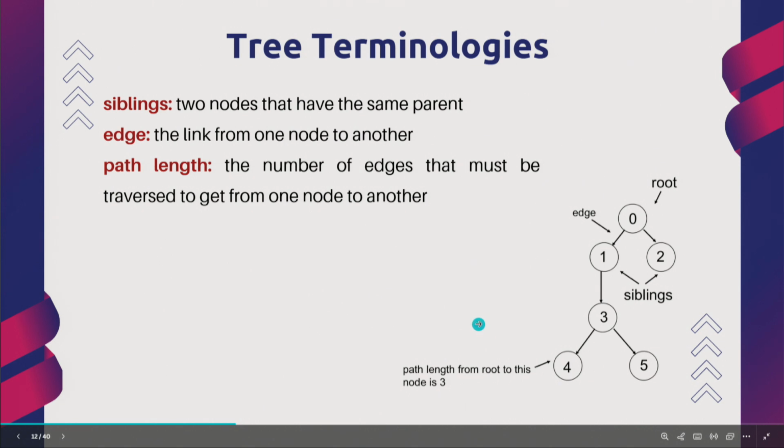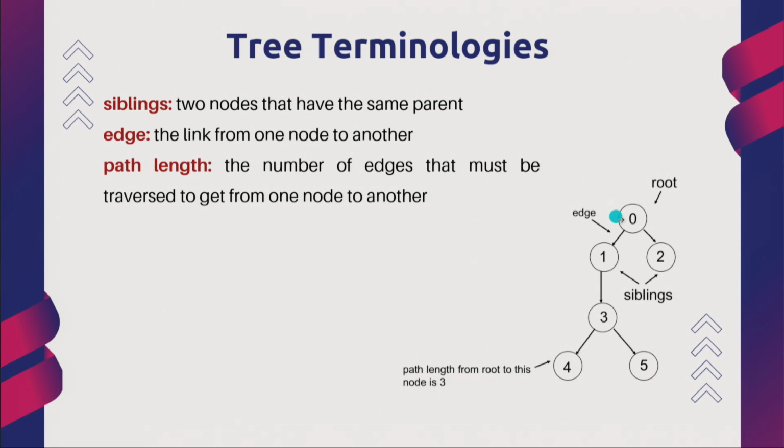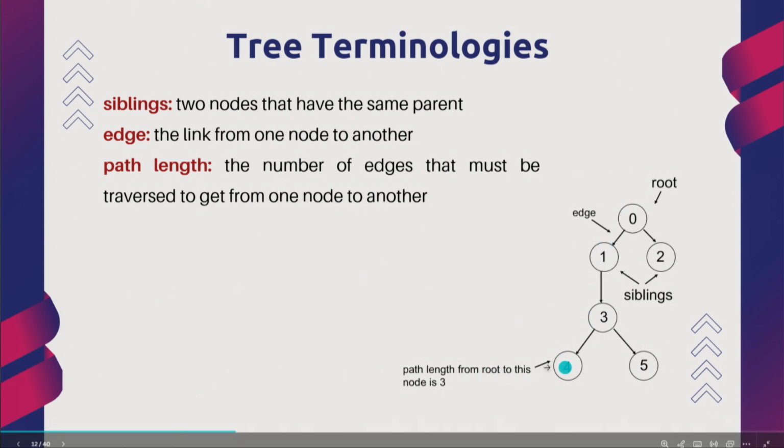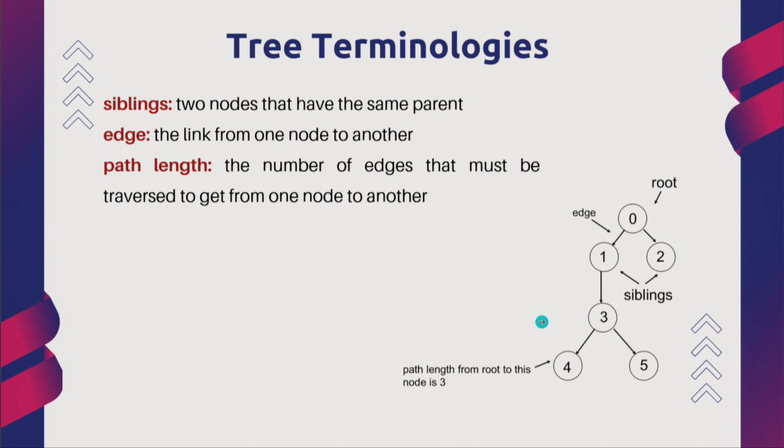And if we talk of levels, as I said before, root is always designated to be at level 0, then 1 and 2 are at level 1, node 3 is at level 2, and nodes 4 and 5 are at level 3. So, 0, 1, 2, 3 is the level numbering which we give. And when we talk of parent and child, for 4 and 5, 3 is the parent, for 1 and 2, 0 is the parent, for 3, 1 is the parent, and vice versa we can say for child or children.